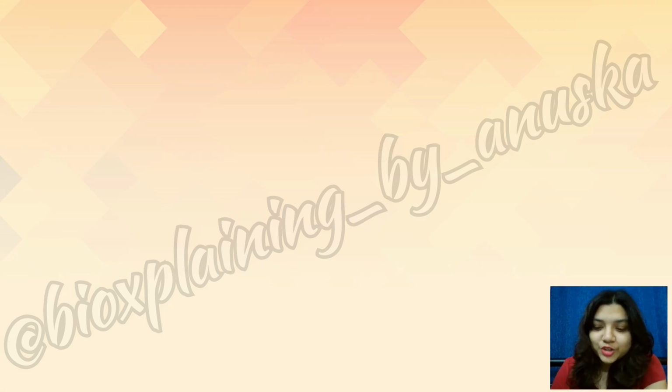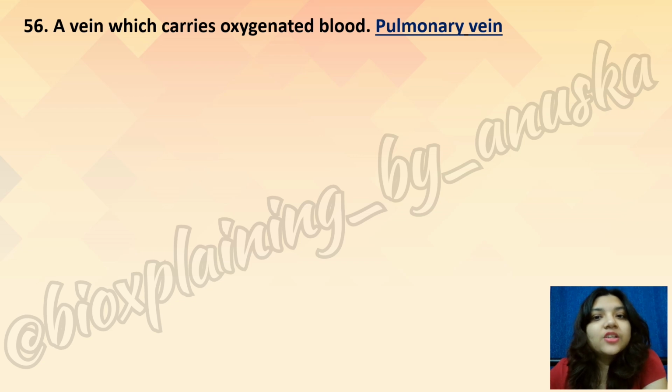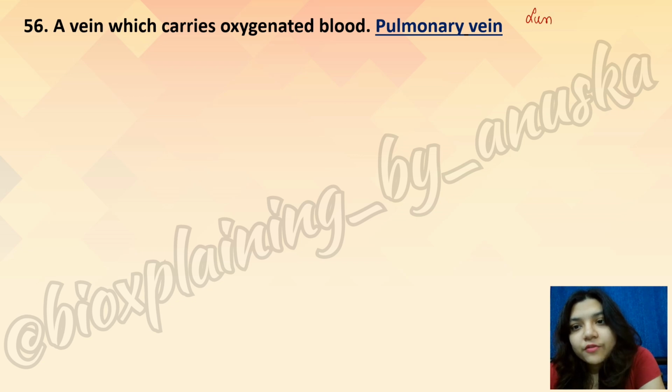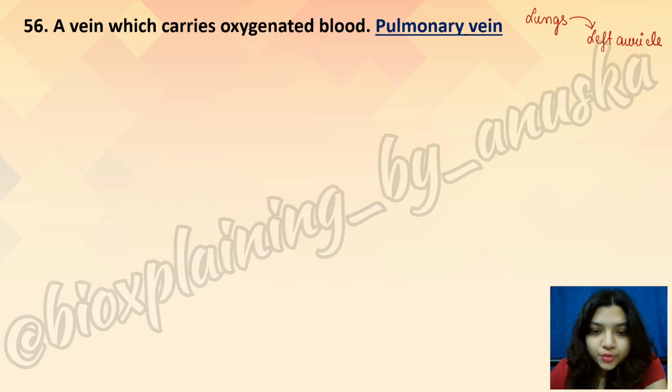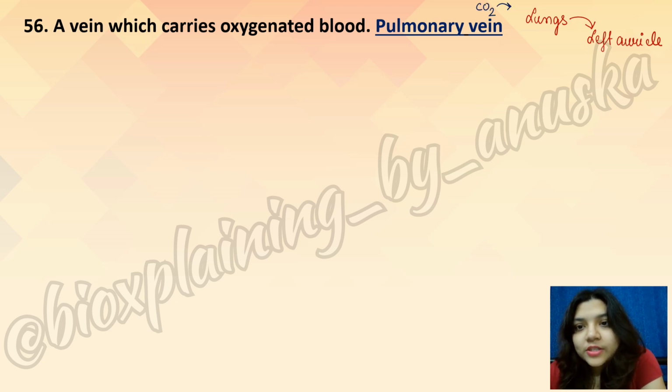Let's get started with the checking. A vein which carries oxygenated blood, pulmonary vein. So just for information, the pulmonary vein runs from the lungs to the left auricle of the heart, right? So the function of the lungs is to do what? It oxygenates the blood. That is the deoxygenated blood that comes, that is oxygenated.